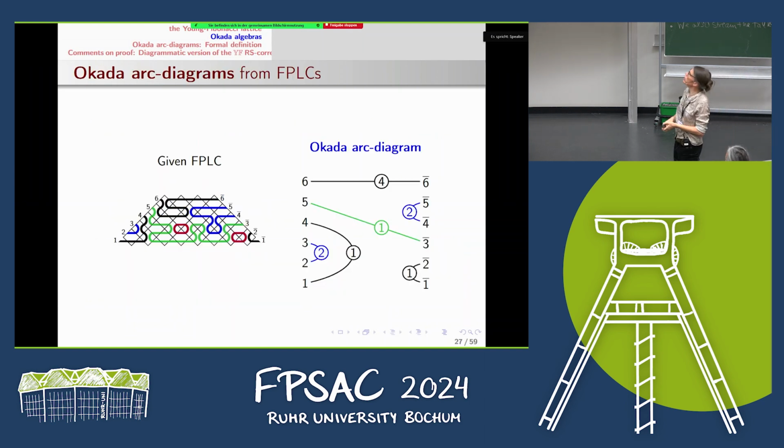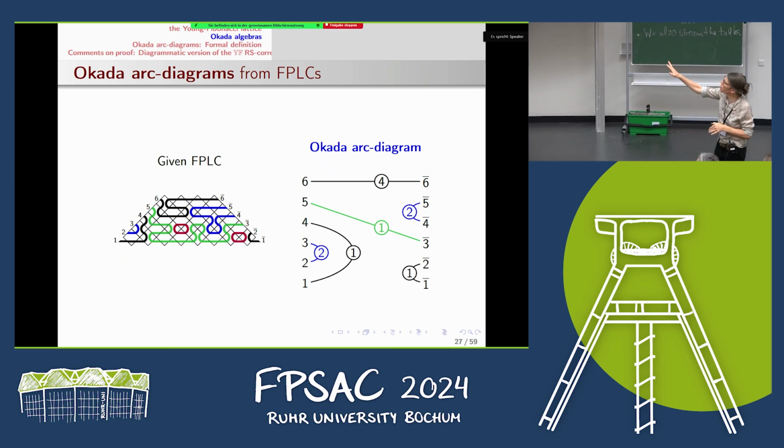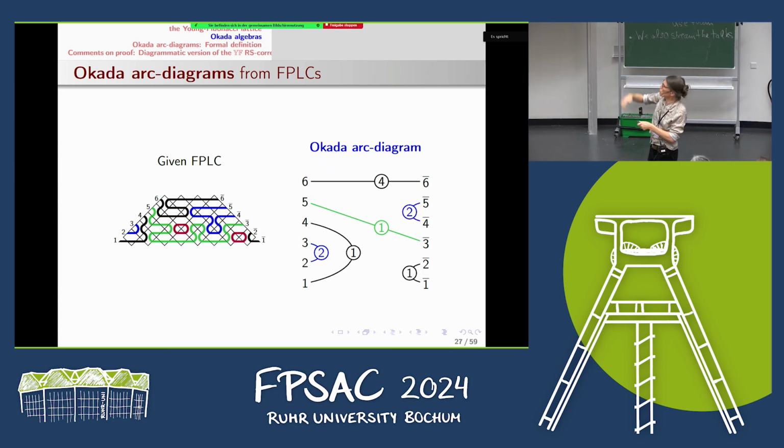Such a fully packed loop configuration is too much information, so we want to abbreviate it. In particular, we would like to just record the connectivity of the diagram, its non-crossing properties, and also this height information, because the heights are invariant, as I said. We encode that in what we call an Okada arc diagram.